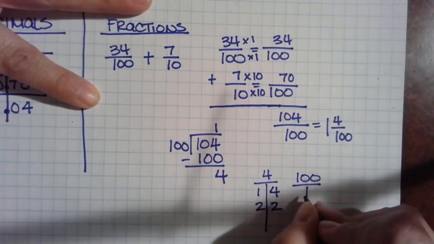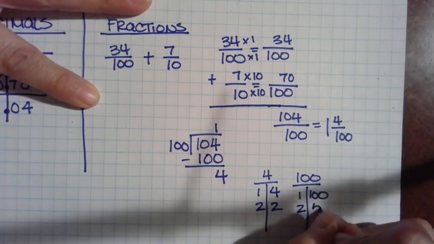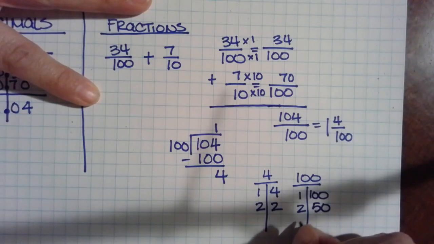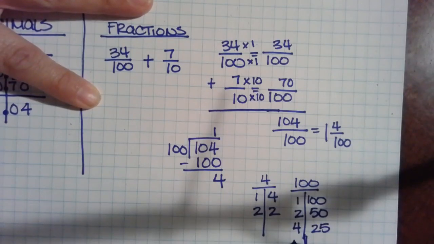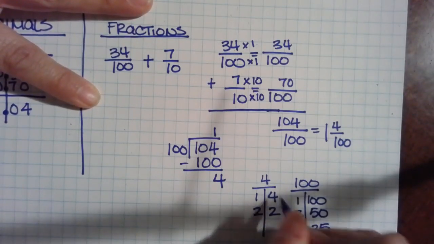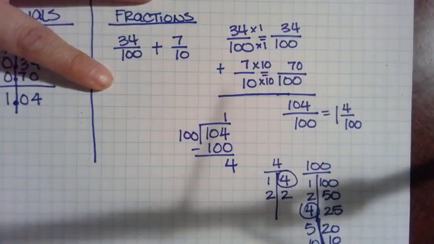And then for 100, 1 times 100, 2 times 50, 4 times 25, and 5 times 20, and 10 times 10. Okay, so I can tell that my greatest common factor is that 4.